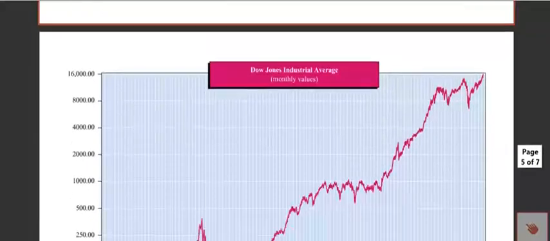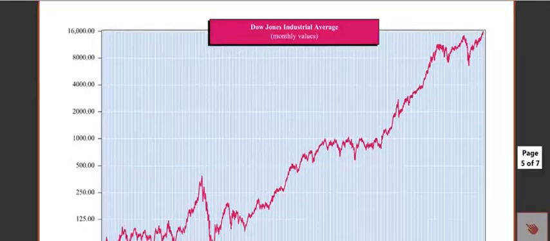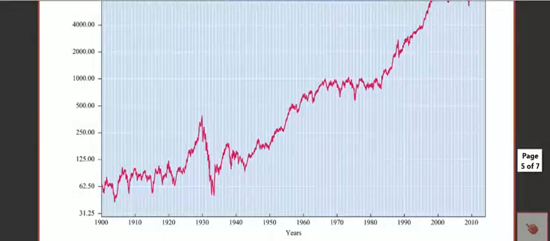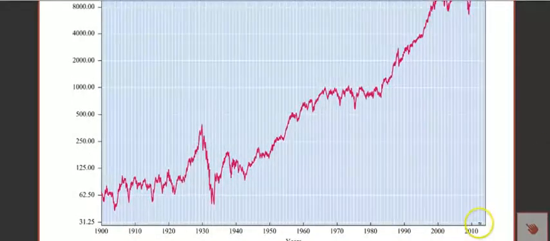I love this graph that shows the Dow Jones Industrial Average over a period of years from 1900 to about 2013.